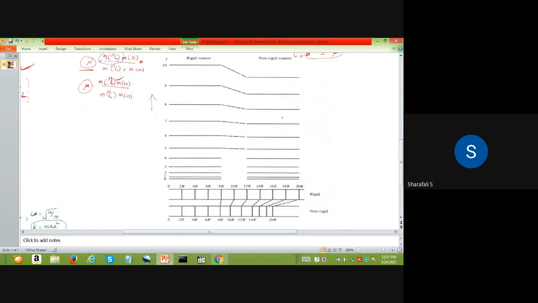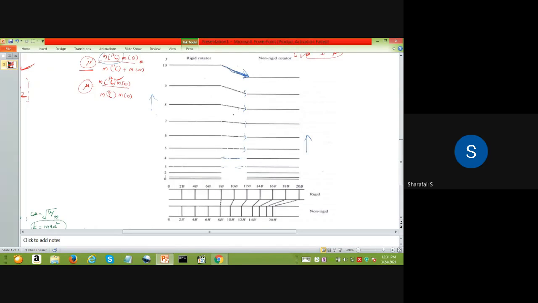And for the non-rigid rotator, the energy levels are shown here, and we can directly see that the energy level is decreased to some smaller value. When we go to higher J values, we can very clearly see the decrease of those energy levels. But at lower values of J, the effect will be small, but it is still there.